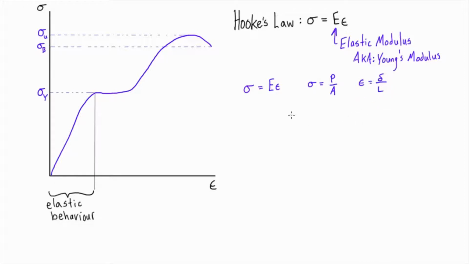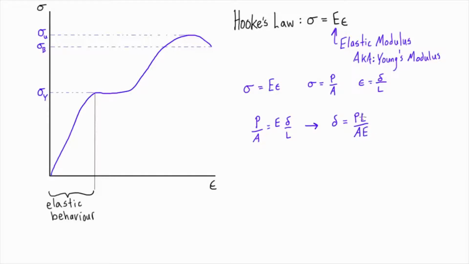If we plug these into Hooke's law, we get P over A is equal to E, the elastic modulus, times delta over L. We can rearrange this for delta, and we get delta is equal to PL over AE.